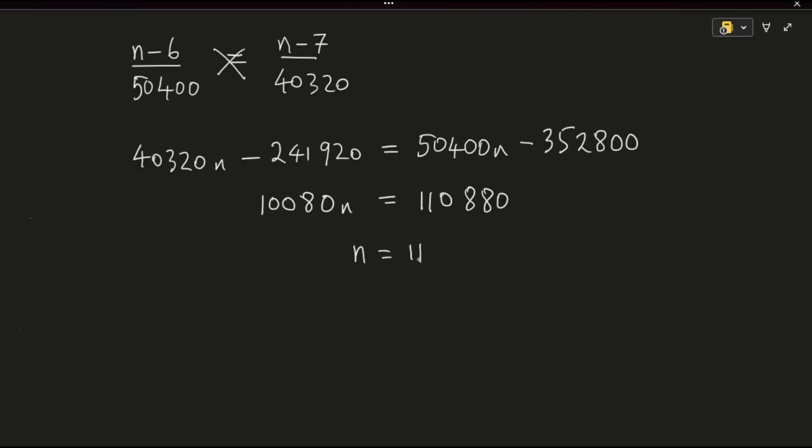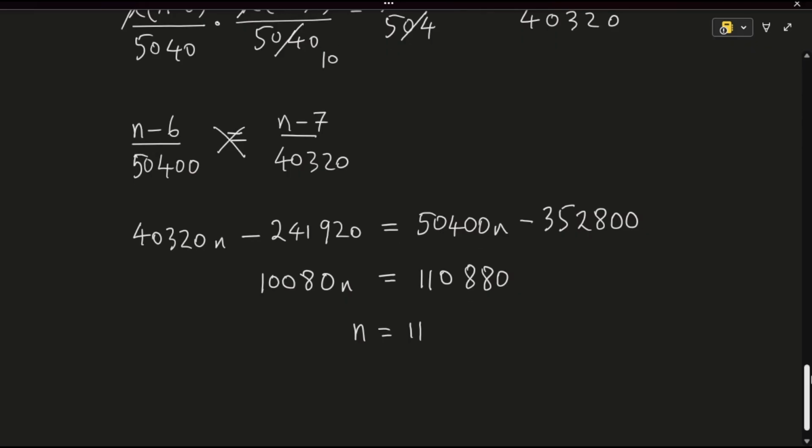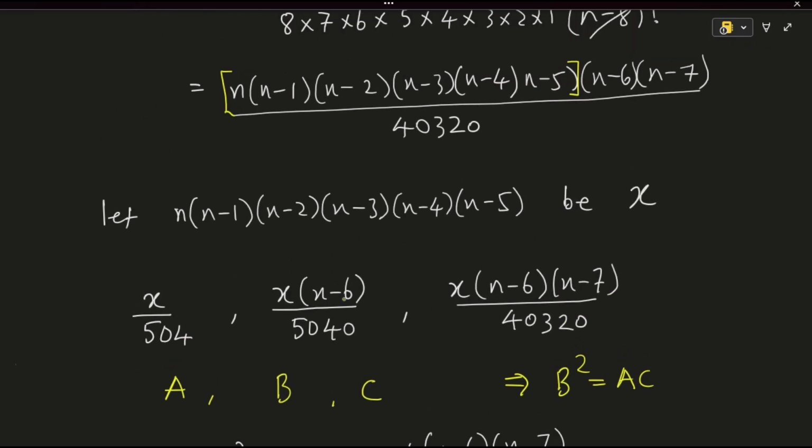So that is our answer for the first part of the question. Now, if n is equal to 11, then it would mean 11 minus 6 is 5. Here is 5, and here is 4.